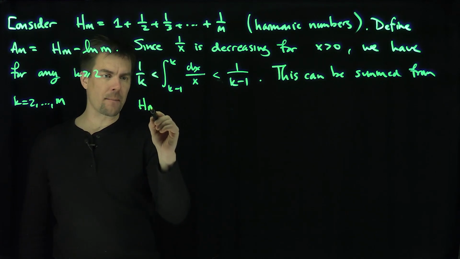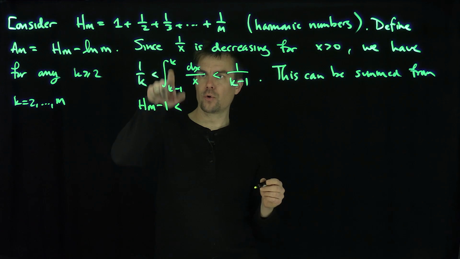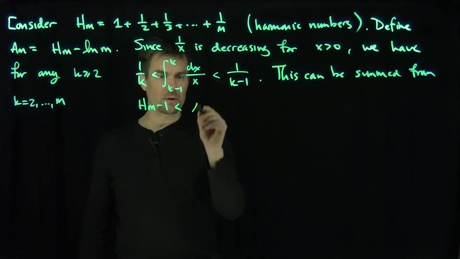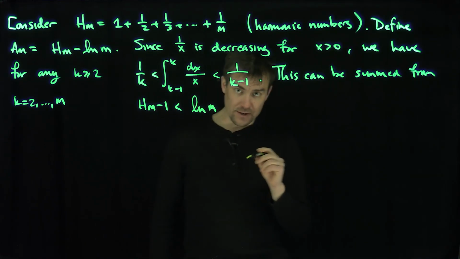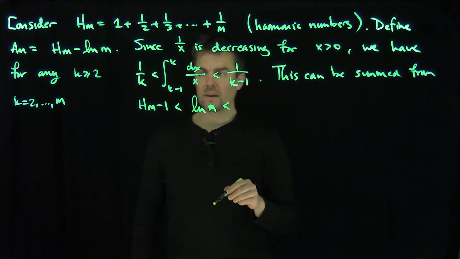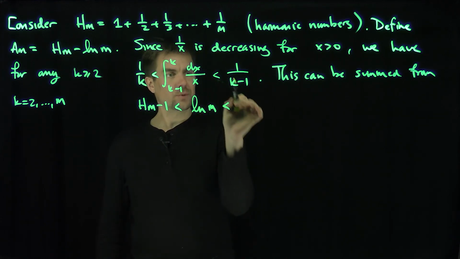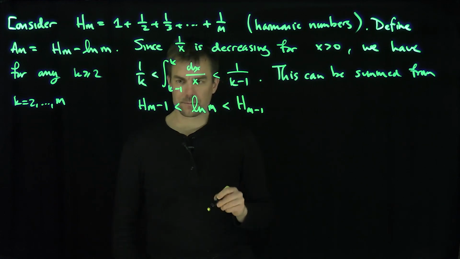So it's going to be H_m minus 1, strictly less than, if I go from 2 up to m, the integral from 1 up to m. That's just going to be the natural log of m, because the antiderivative of this is natural log of x. And if I go from 2 to m, this is going to be 1 plus 1/2 all the way up to 1 over m minus 1. So it's going to be the (m minus 1)st harmonic number.